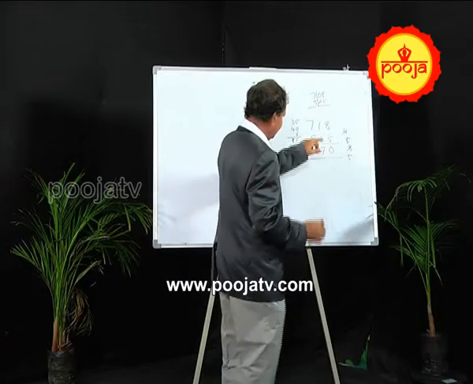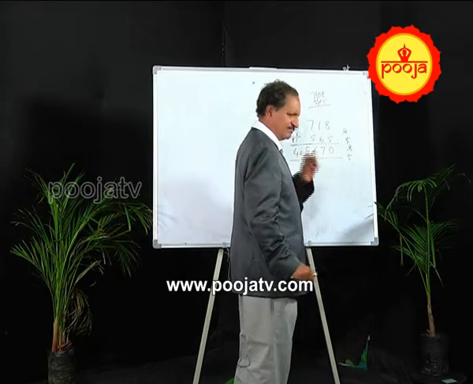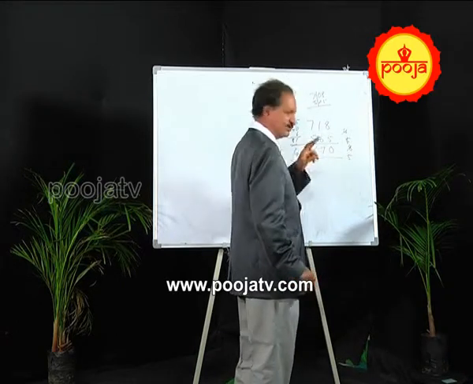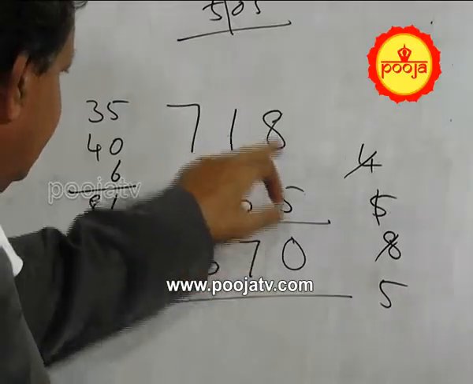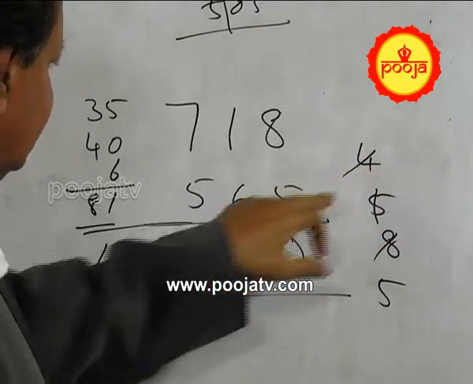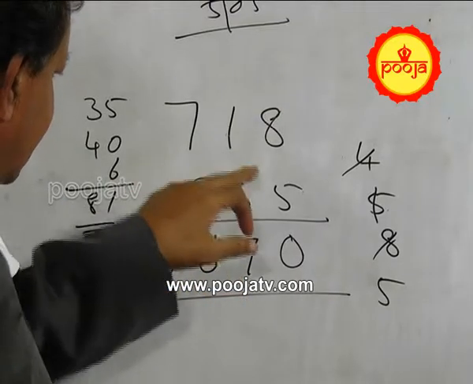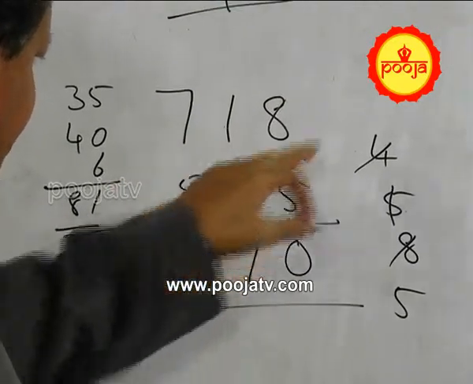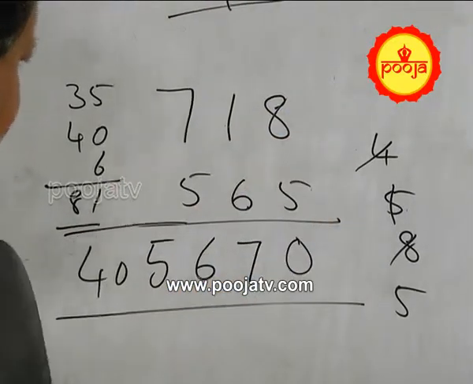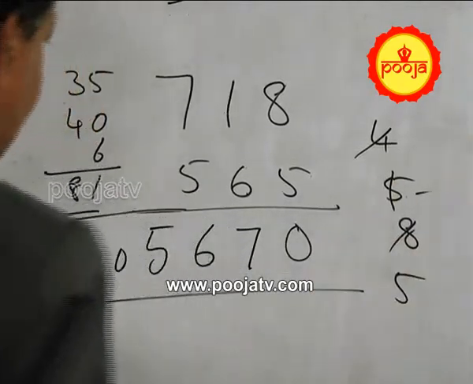Am I clear? Again 5 into 8, very very important, I am telling you again and again. 5 into 8 is 40, 0 here, 4 outside. 5 into 1 is 5, 6 into 8 is 48, 48 plus 5 is 53, 53 plus 4 is 57, 7 here, 5 outside. Okay.